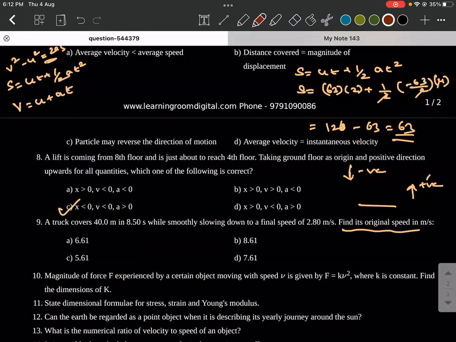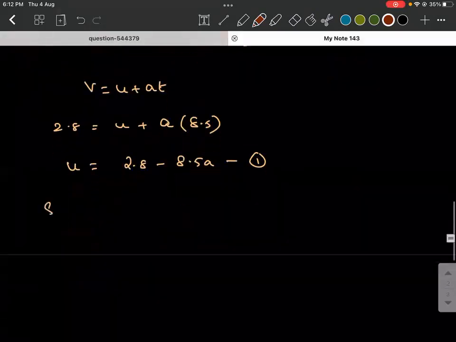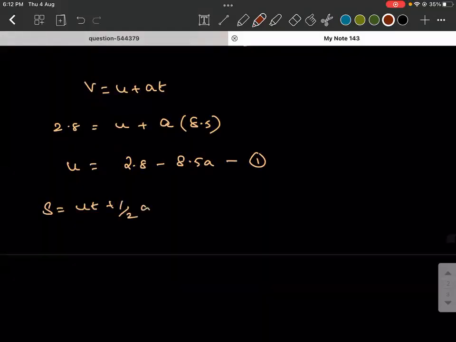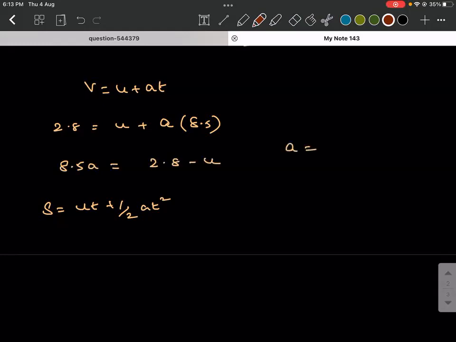If I apply S is equal to UT plus half AT square, since they are asking the original speed, what I would say is, find A in terms of U. So 8.5A is equal to 2.8 minus U. So A will be equal to 2.8 minus U divided by 8.5. Is that point clear? Just a mathematical calculation.